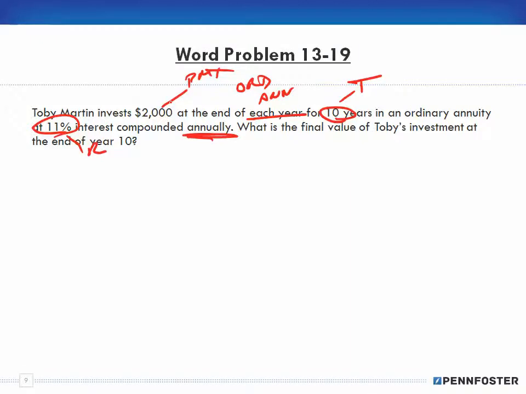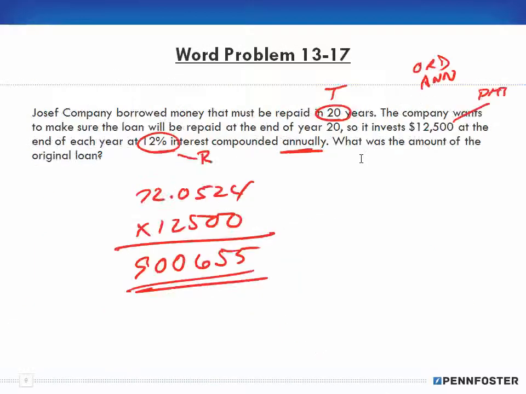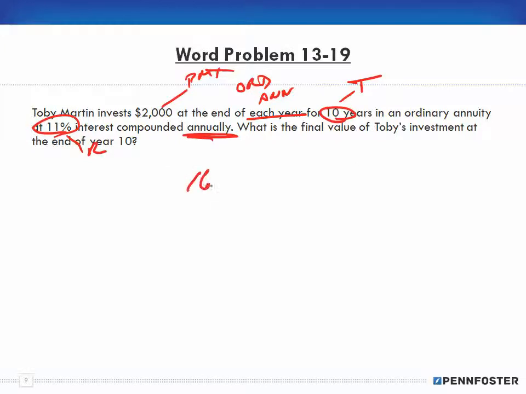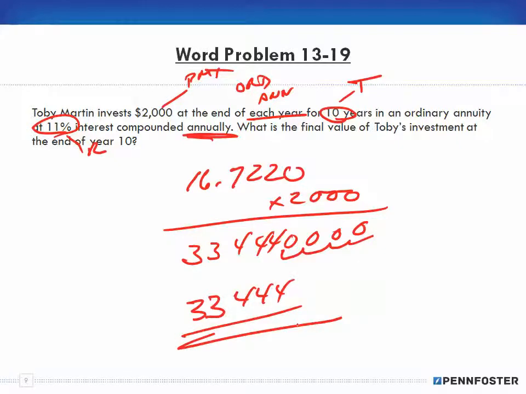So 11% for 10 years, the factor is 16.7220, and the payment is 2,000, so we multiply by 2,000. We end up with $33,444. Simple as that.